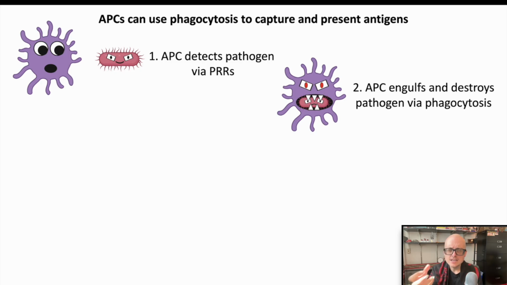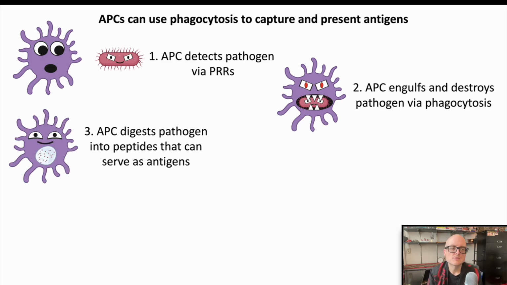Basically it takes the pathogen in to an intracellular vacuole system of some kind, and that vacuole is going to merge with the lysosome. Ultimately, through the process of acidification and the activity of protease enzymes, it's going to break down that pathogen and take the proteins and other macromolecules associated with that pathogen and chop them up into small fragments.